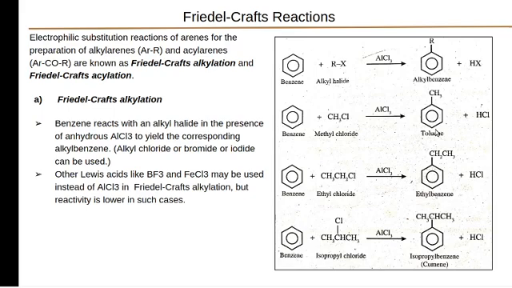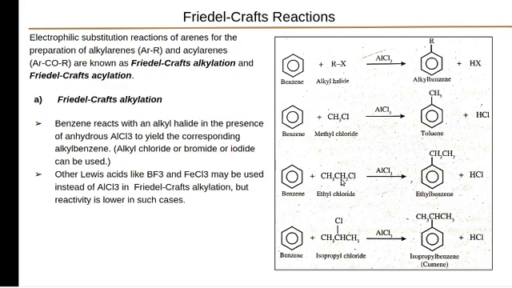So if you are asked how to produce toluene from benzene by Friedel-Crafts alkylation, you have to treat benzene with methyl chloride in the presence of anhydrous aluminum chloride. Similarly, you can produce ethyl benzene by treating benzene with ethyl chloride.